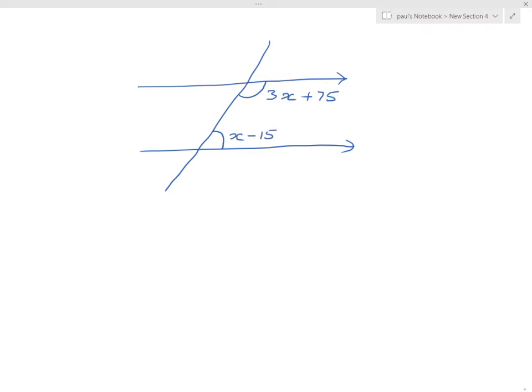So x minus 15 is the size of the angle at the bottom. 3x plus 75 is the size of the angle at the top. And it's going to ask you nicely to find the value of x.